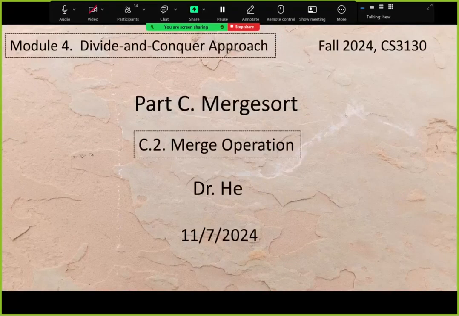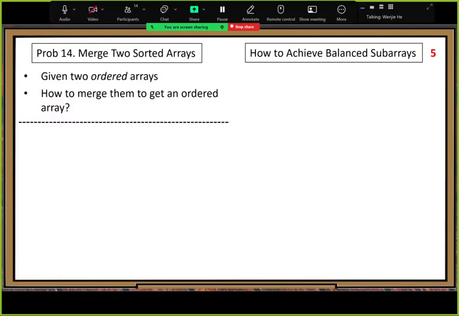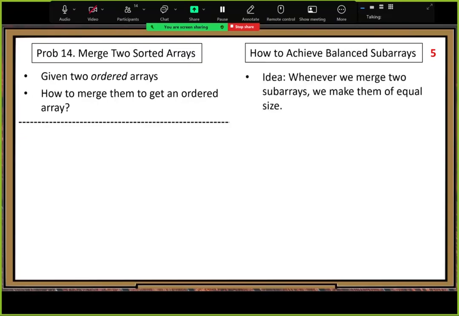So C.2, let's look at the implementation details of this merge operation. How to achieve a balanced subarray split? Whenever we merge two subarrays, we make them of equal size.